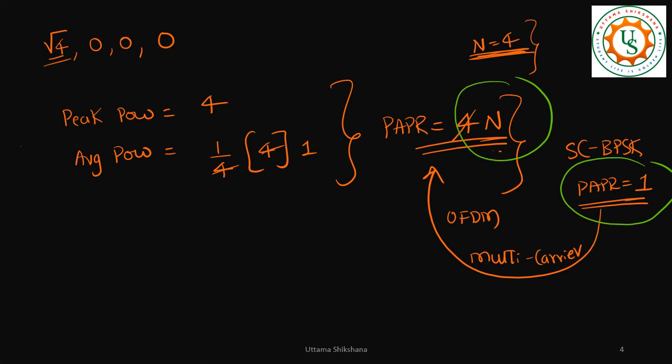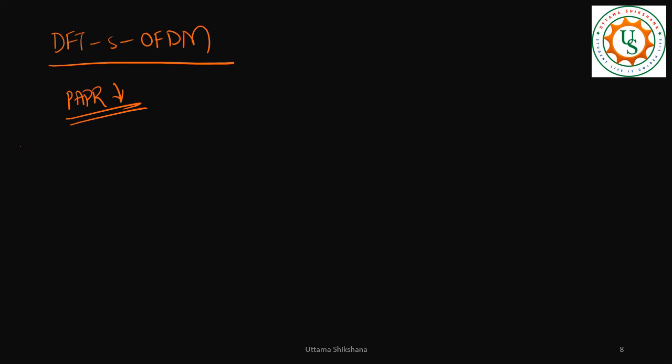So this is understood. Correct. So now I will start what happens in case of DFT-s-OFDM. It is claimed that in DFT-s-OFDM the PAPR is reduced. Okay, let us see how that is reduced. First we need to write the block diagram for DFT-s-OFDM.